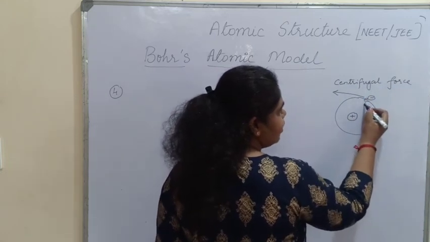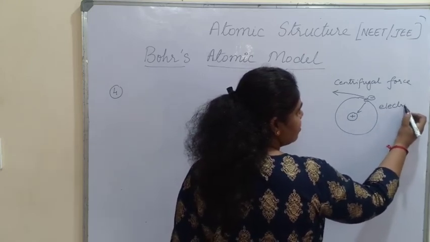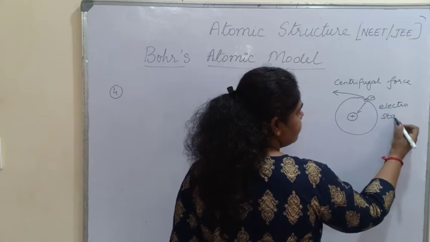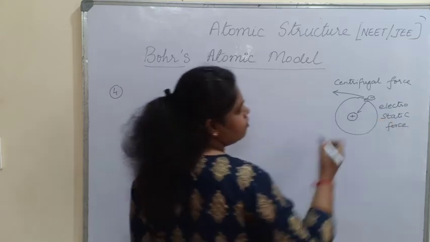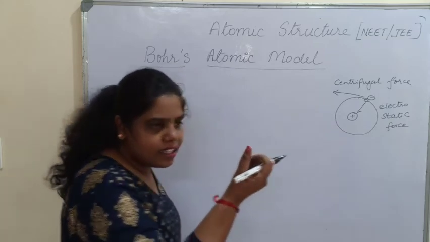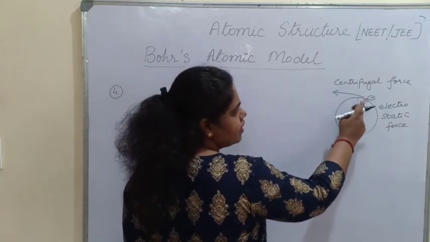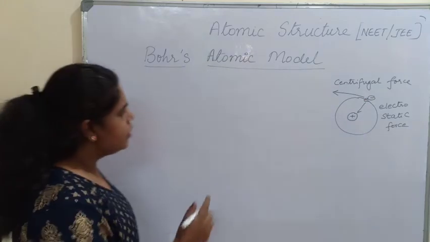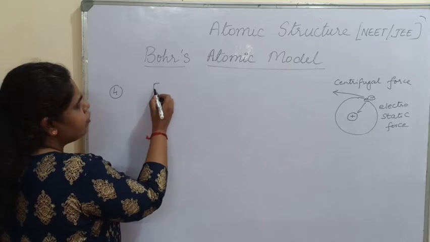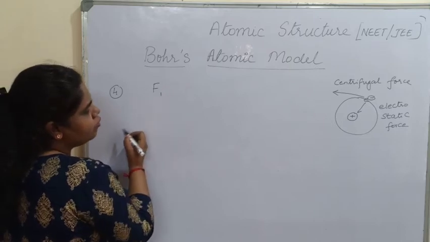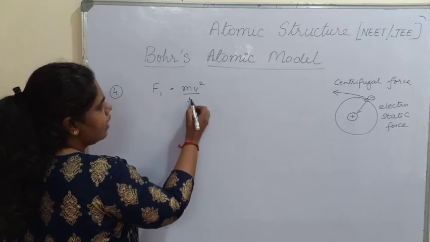And one is the inward force, which is known as electrostatic force of attraction. Electrostatic force of attraction pulls the electron towards the nucleus and centrifugal force pulls the electron outward. We can give the equation for centrifugal force as F1, the centrifugal force, is equal to mv square by r.